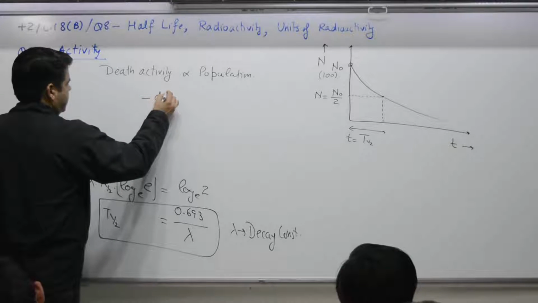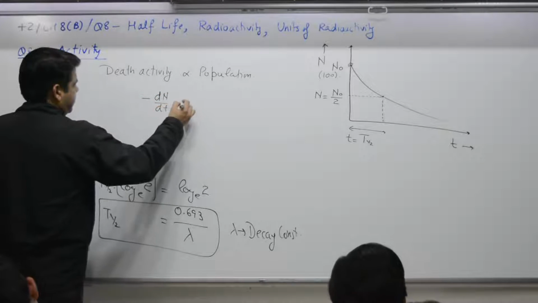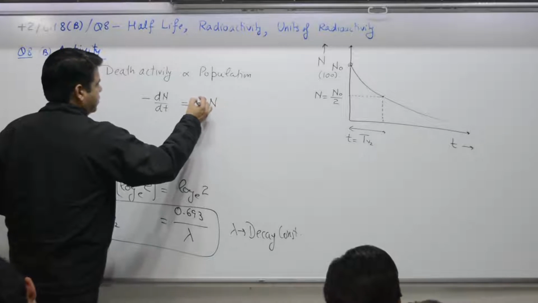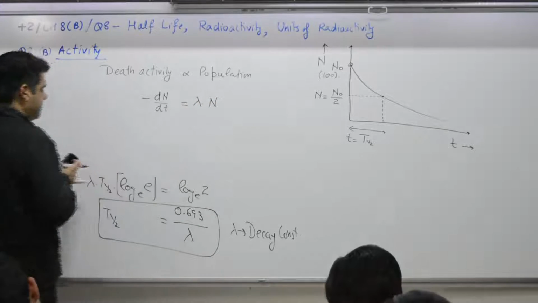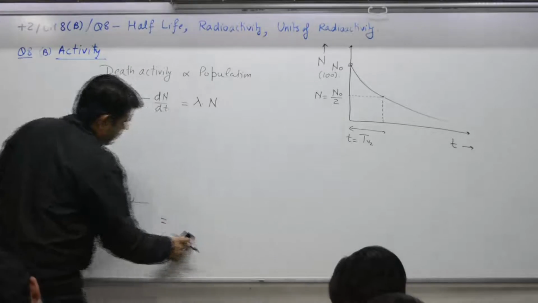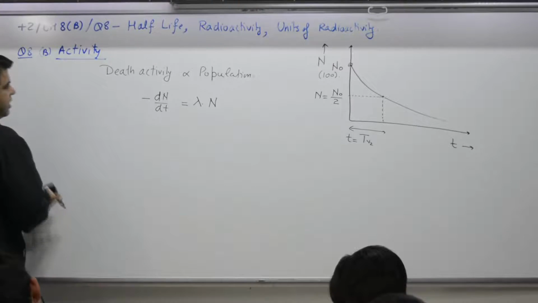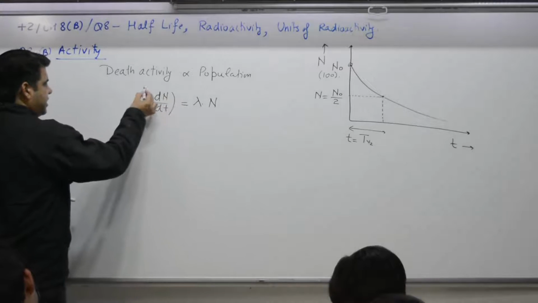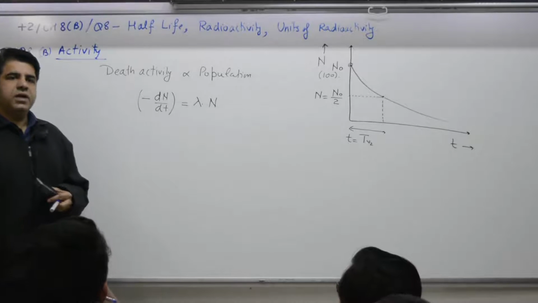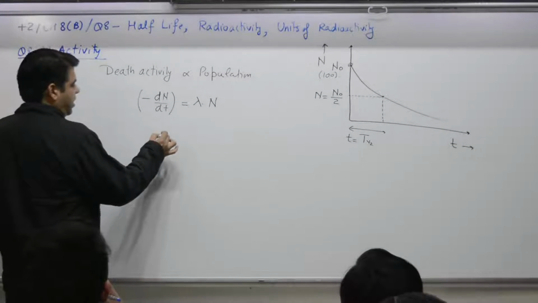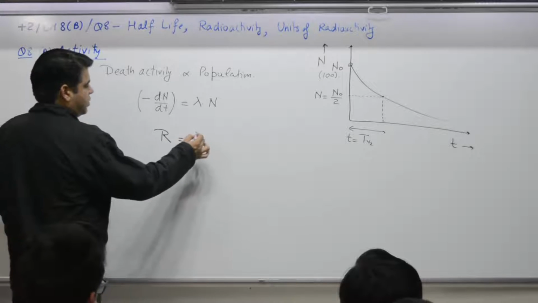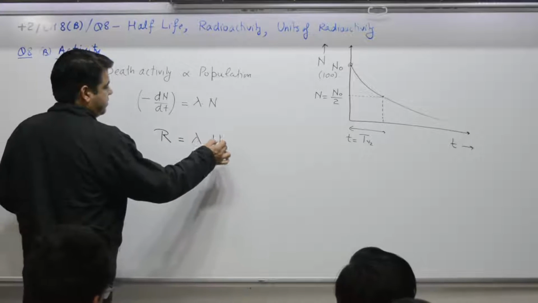Minus dN by dt is proportional to population N, with constant of proportionality lambda. This parameter, death activity, death rate, number of persons dying per day, number of nuclei dying per day, is written as R. Radioactivity is equal to lambda into N.